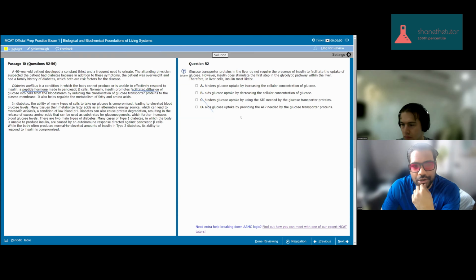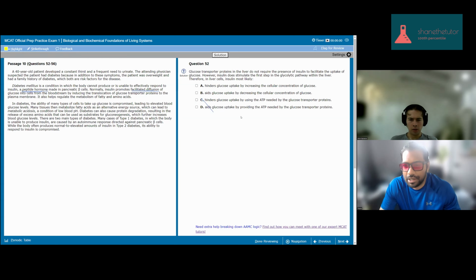Now, let's see. One option hinders glucose uptake by increasing the cellular concentration of glucose, and the other aids glucose uptake by decreasing the cellular concentration of glucose.